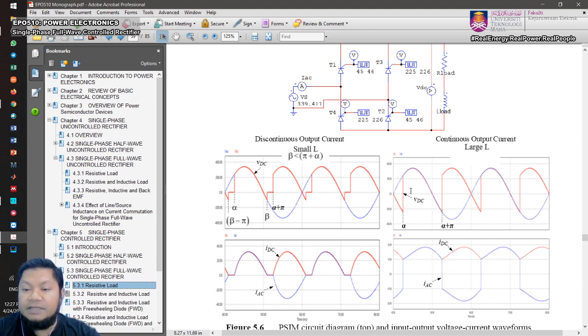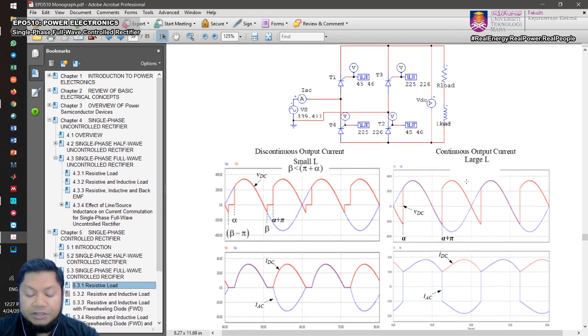And therefore, in this case, if you look at this particular operation, let's assume that we are at the point whereby we have T1 and T2 operating.